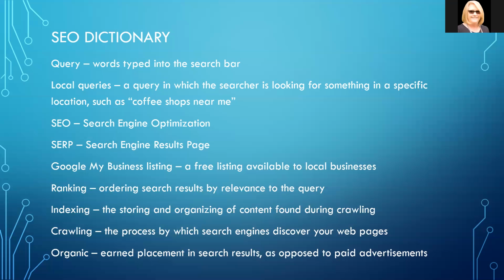We already know what SEO stands for, and SERP is a common one that you see, which is search engine results page. When you type in Pleasant Hill Realtor, everything that shows up on that page is your results page. Google My Business is a listing through Google that is free to local businesses, just like Bing Places for Business, another free listing that feeds into Safari.